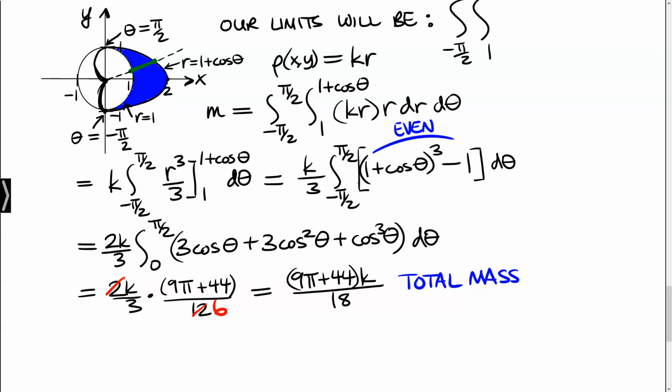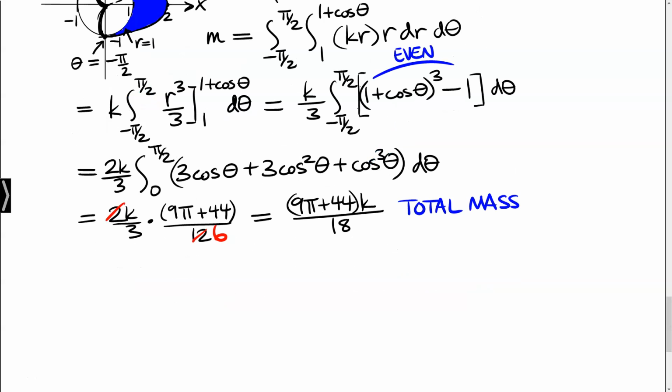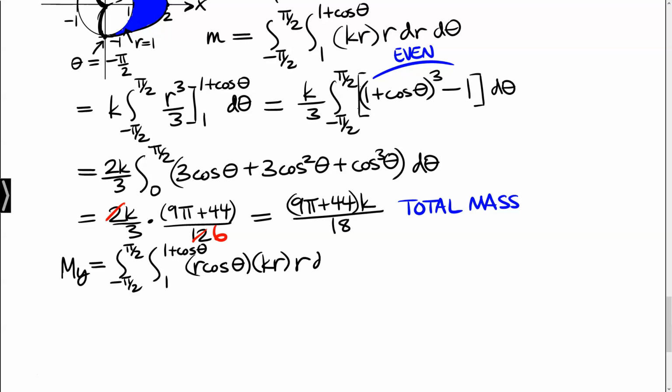Okay, so now let's get the moments. The moment about the y-axis. This is the integral from minus pi over 2 to pi over 2, 1 to 1 plus cosine theta. Now we're going to integrate x, which is r cosine theta, times rho, which is kr, times r dr d theta.